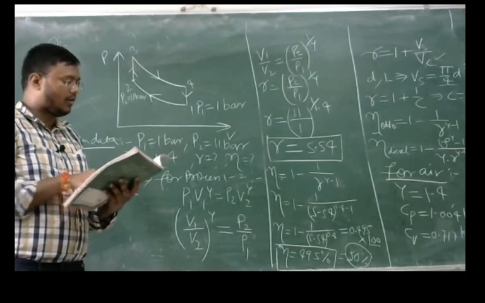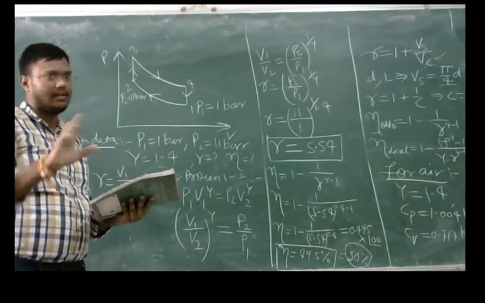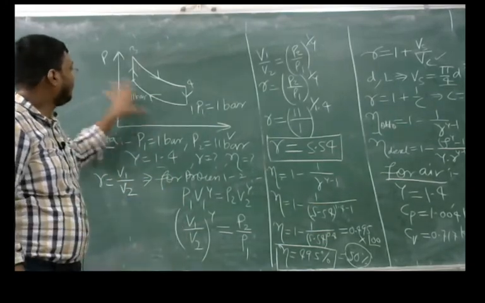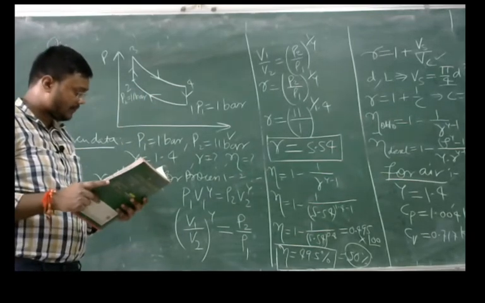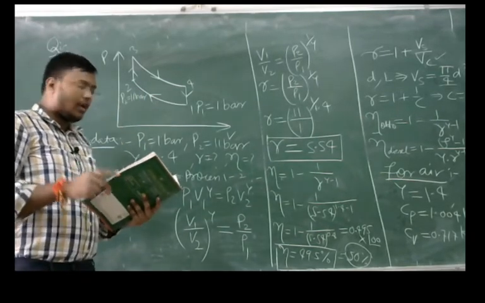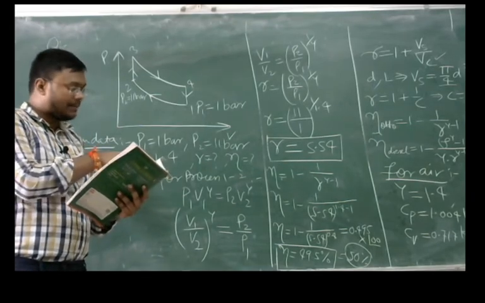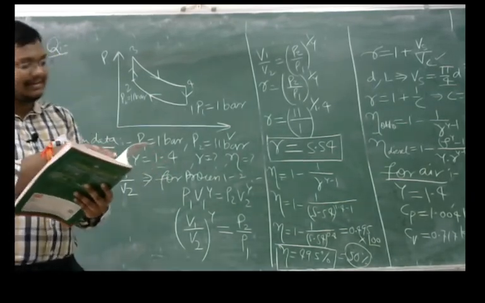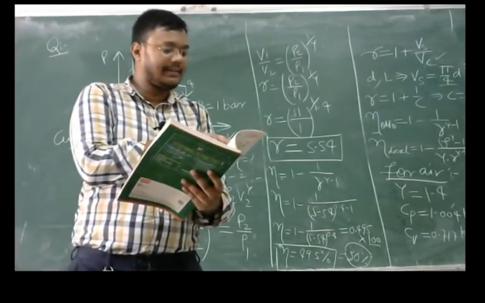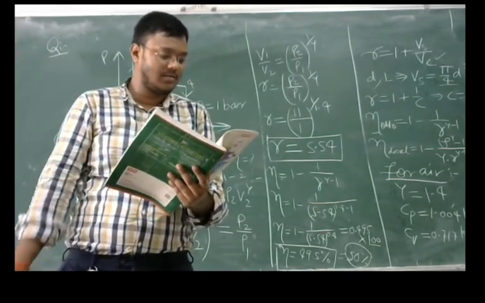An engine working on an ideal Otto cycle. Again the engine is working on an ideal Otto cycle, so the diagram will be the same. Now see, in this question, in place of pressure, temperature is given. The temperatures at the beginning and at the end of compression are 50 degrees Celsius and 373 degrees Celsius.